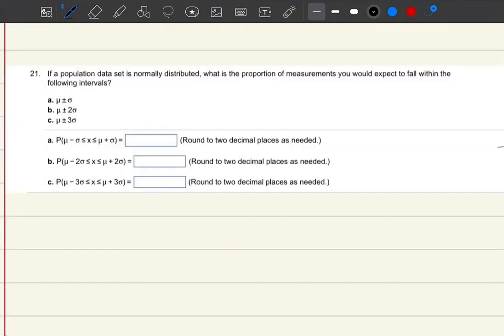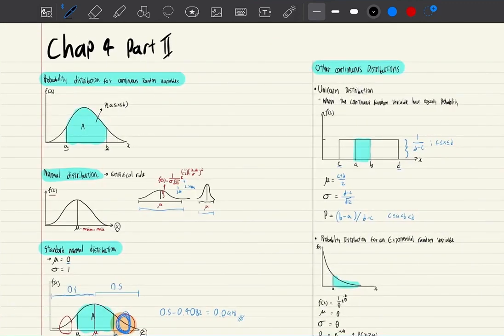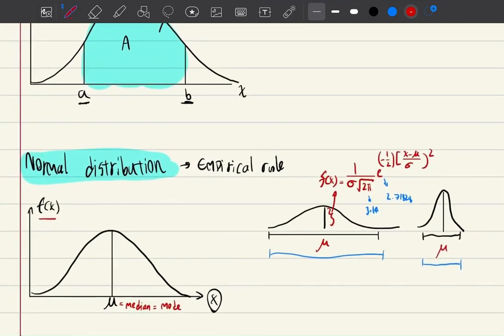If a population dataset is normally distributed, what is the proportion of measurement you would expect to fall within the following intervals? So, if it's normally distributed, we're gonna use the empirical rule as we learned from last video.